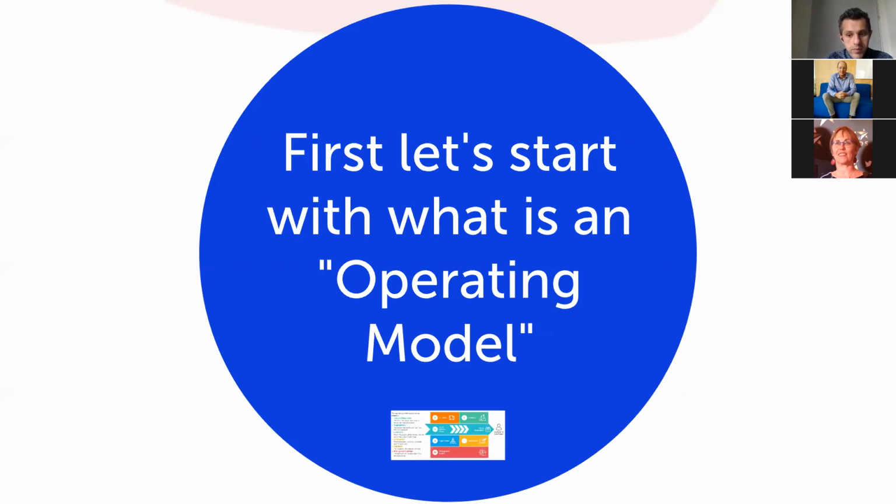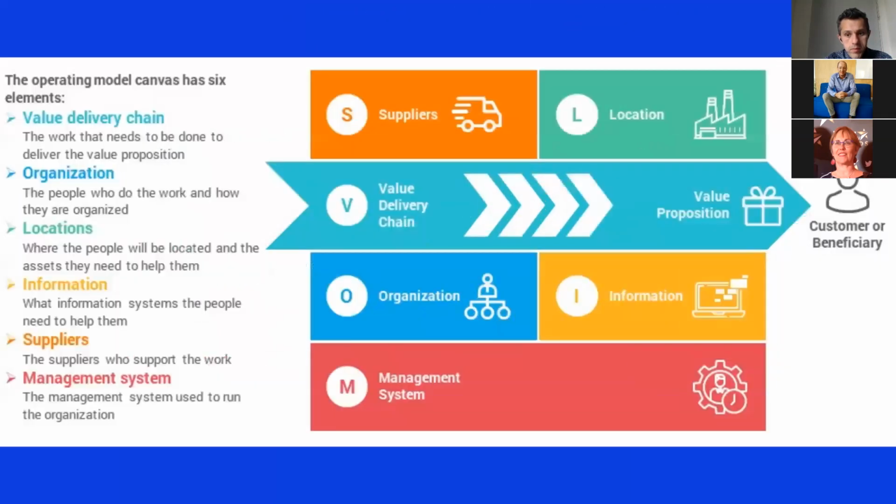So, an operating model. As you can see on the screen now, I've put a very high level business operating model on there. And operating models are set up to support the business in meeting its goals. And it's pretty much the reason why it exists.